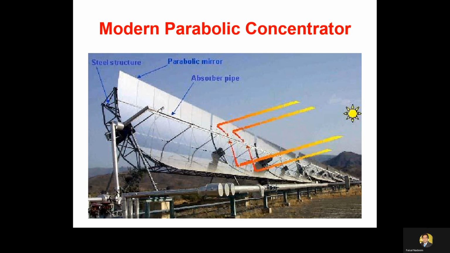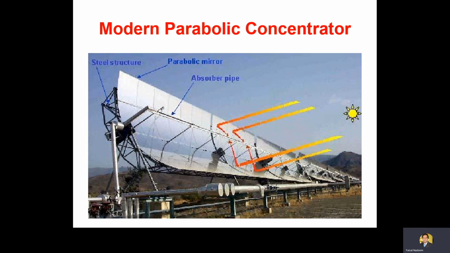But if we compare the parabolic concentrators with the other solar thermal technology, we will find out that the parabolic trough collectors are the most efficient solar thermal technology as compared to the other thermal technology, and it has the highest efficiency.